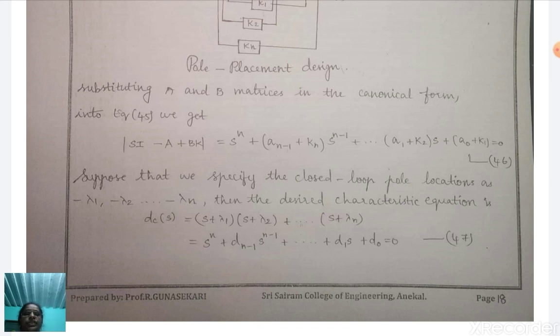Suppose we specify the closed loop pole locations as minus lambda 1, minus lambda 2, up to minus lambda n. The desired characteristic equation is dc of s is equal to (s plus lambda 1)(s plus lambda 2) and so on, last term (s plus lambda n). Therefore, s to the power n plus d(n-1) s to the power n minus 1, plus the last terms d1 s plus d0, is equal to 0.